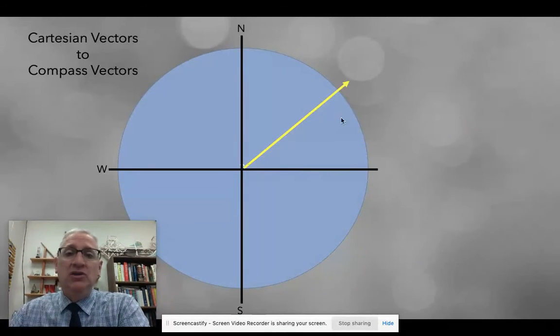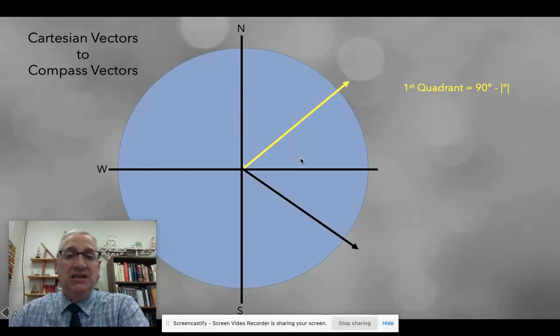Now, if we take a look at what happens in each quadrant, in the first quadrant, if we want to know what the value is, we take 90 degrees and we subtract the value that we have from the x-axis, and that gives us the compass vector. In the fourth quadrant, we take 90 degrees and we add the angle that we get from our Cartesian value.